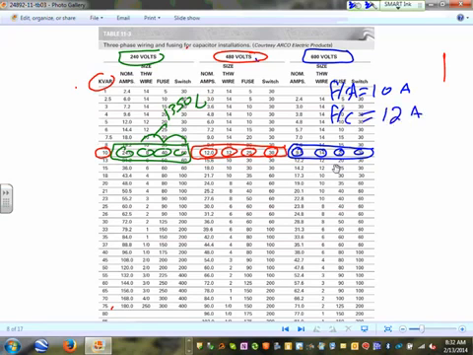So the nameplate says 10, but the code, for the same horsepower and same voltage, gives you 12. Why? They take into consideration the low power factor and voltage drop. So when you size your conductors, you size them based on what? This. So you're always safe. Does that make sense? So they give a safety caution.